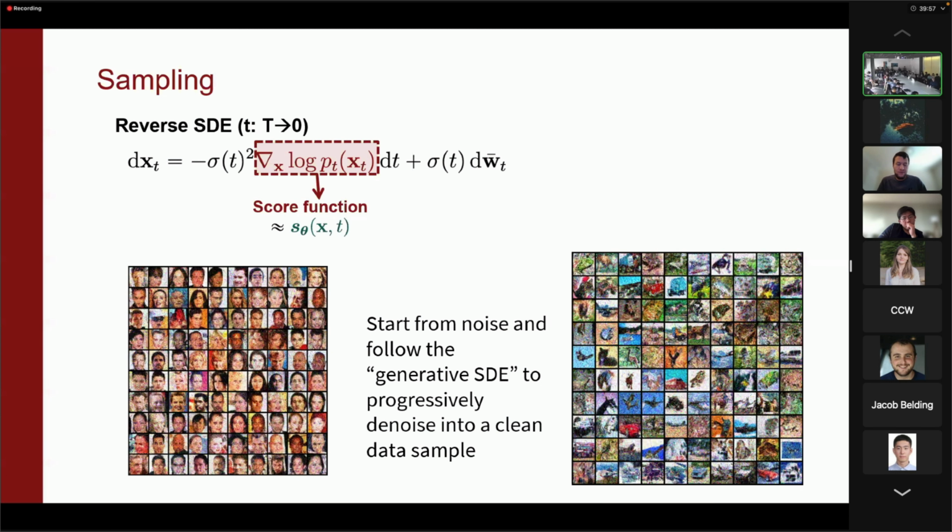Score matching itself was invented before, so of course lots of people contributed to this idea.